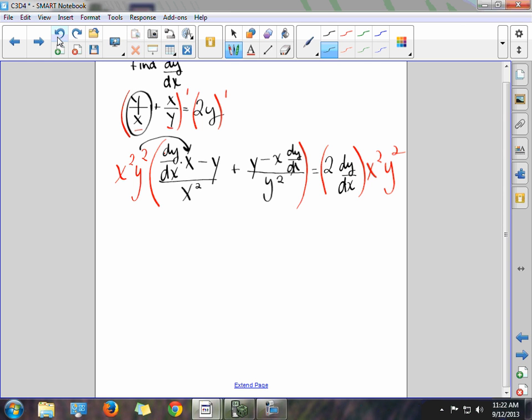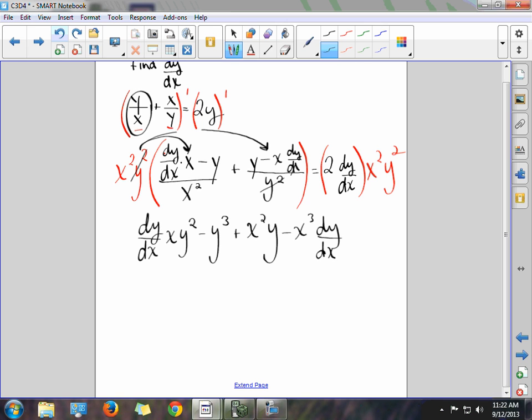And so if I do y squared times my numerator, it becomes dy dx x y squared minus y cubed. So now we're going to distribute this to this piece, and now the y squareds are going to cancel. So I'm going to be left with x squared y minus x cubed dy dx. And this whole thing is equal to 2x squared y squared dy dx.